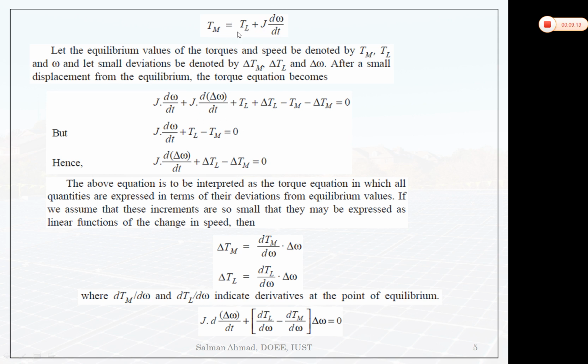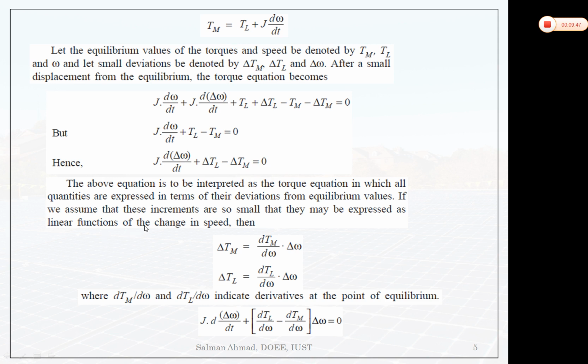So what we are left with is J d delta omega over dt plus delta TL minus delta Tm is equal to 0. In the above equation, it is interpreted as a torque equation in which all quantities are expressed in terms of their deviation from the equilibrium values. You can see every term has some deviation.